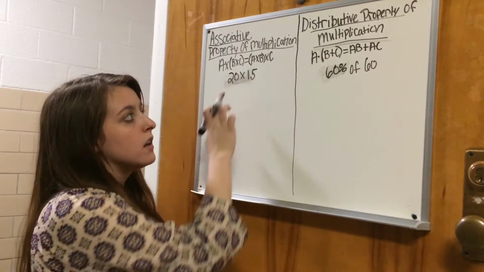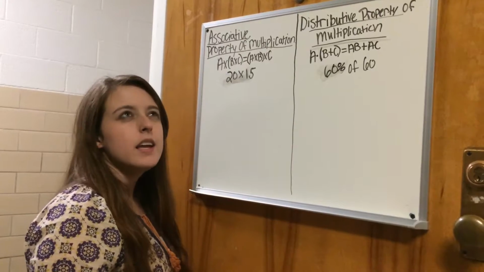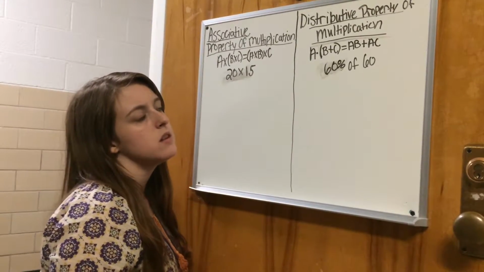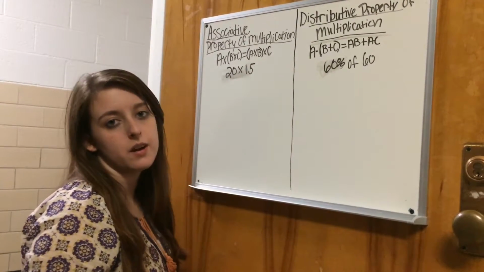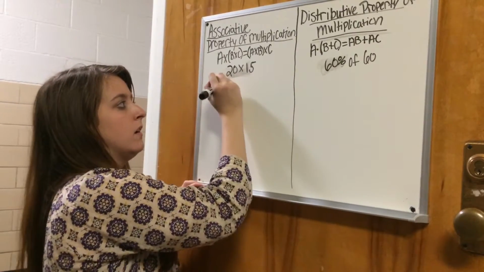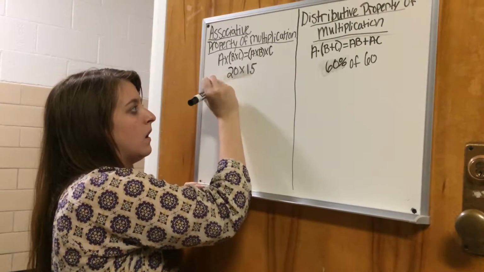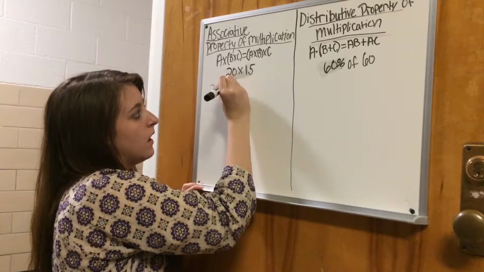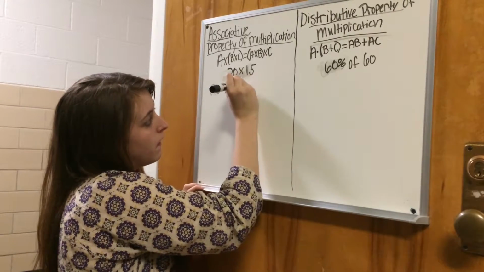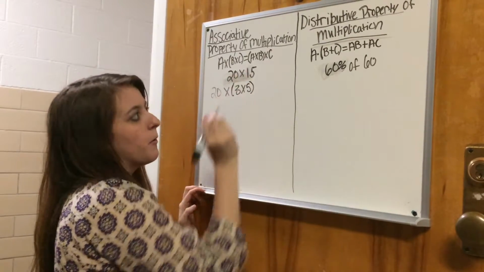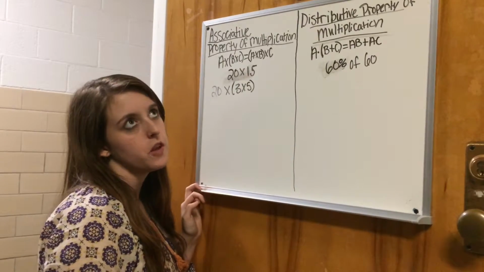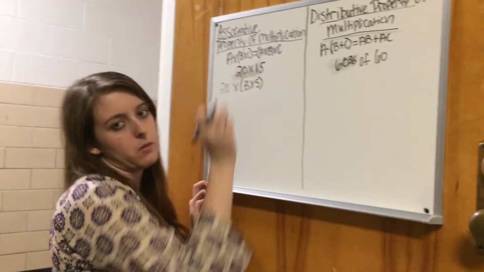The problem we're going to look at is 20 times 15. I can't do 20 times 15 in my head, so I'm going to break down the 15 into 3 times 5 because that equals 15. Now, I can't multiply out 3 times 5 because that would just give me 15 and I'd be back where I started.